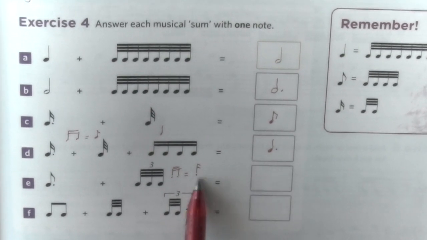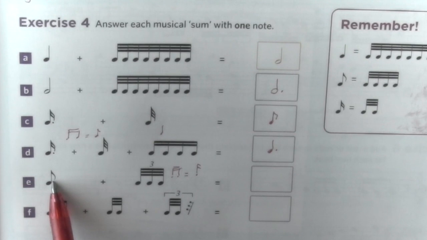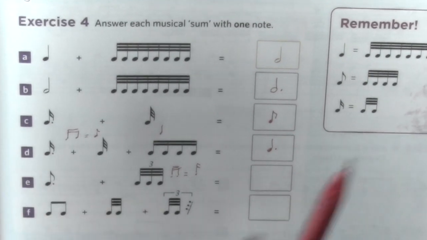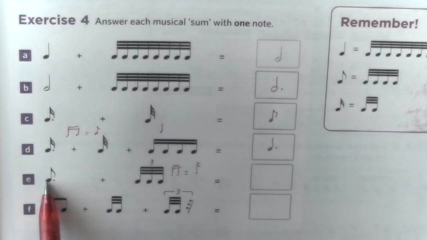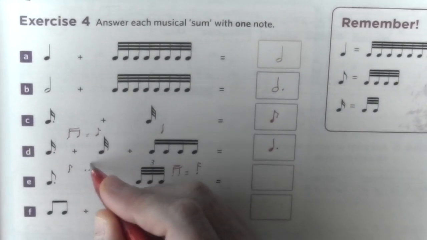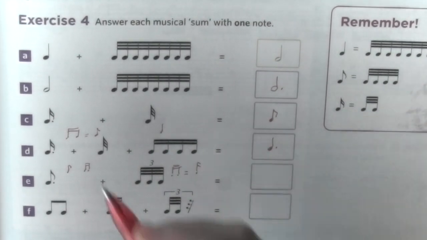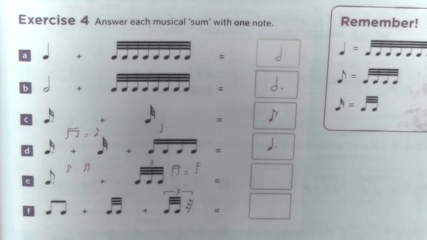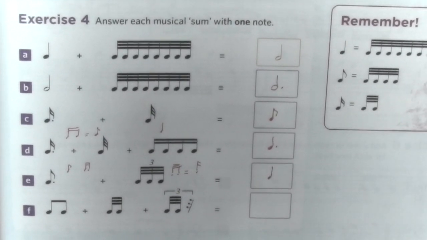Now 1 semiquaver and the other semiquaver here can be paired up, and the quaver is here. So we have one quaver and two semiquavers. Therefore, we have two quavers, and two quavers are a crotchet.